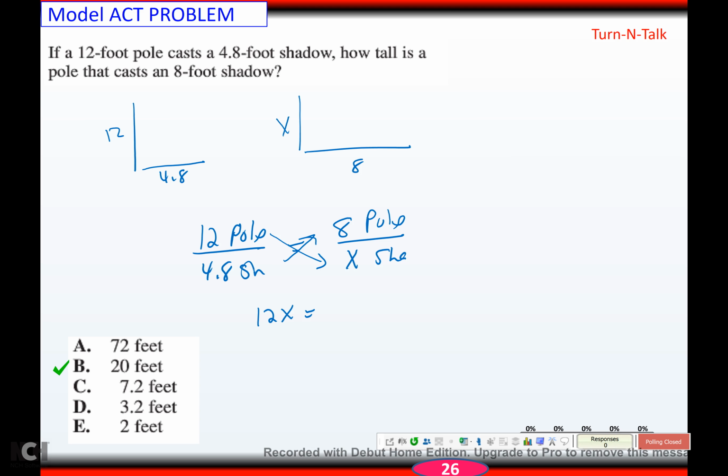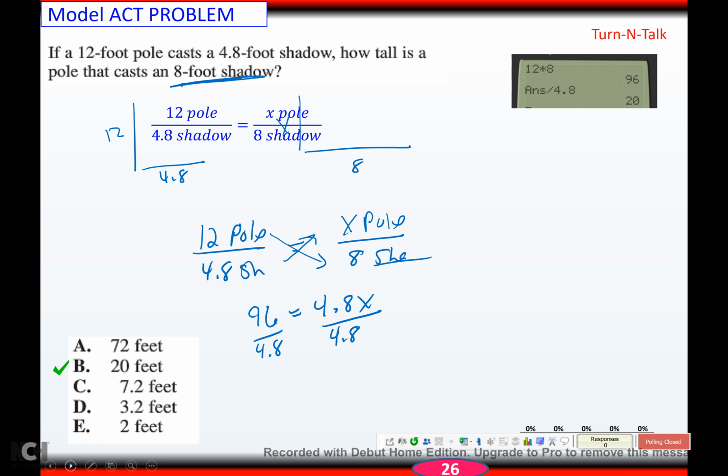Oh, this is a shadow. My bad. So 8 has to go with shadow, and x is up here with the pole. We don't know how tall the pole is. We know how long the shadow is. So I do 12 times 8, which is 96, equals 4.8 times x. To get x, I divide by 4.8, and you get 20.